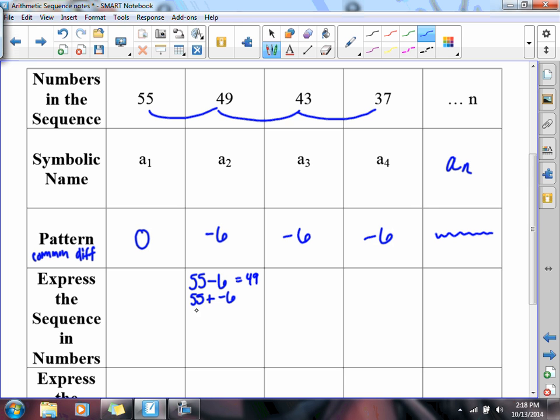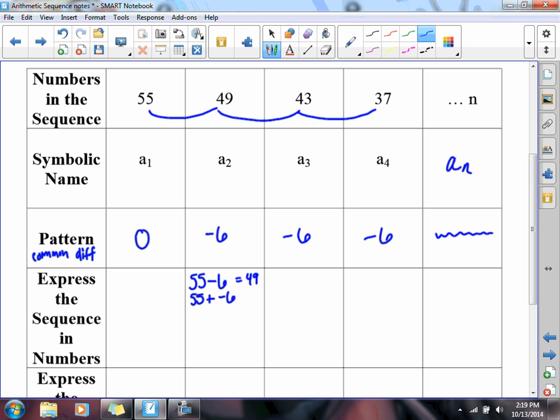And I want you to think of it this way because the formula that we're going to be using and forming has a plus in it instead of a minus. So I want you to think of it with that plus just for now. Now, what I'm doing to go from 49 to 43 is subtracting 6.